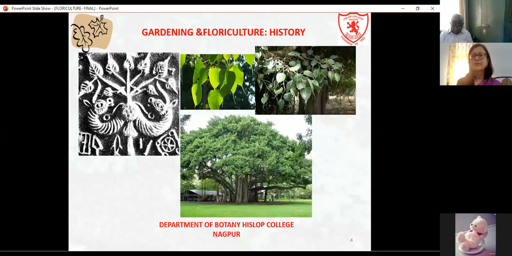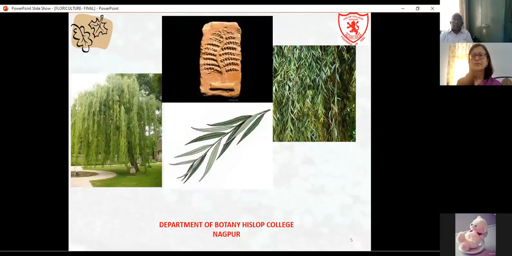Now, these leaves are the leaves of the peepal tree. If I have pronounced it correctly, this is peepal, which was there during the times of the Mohenjo-daro civilization. And this is the seal which was excavated during the Harappan civilization.